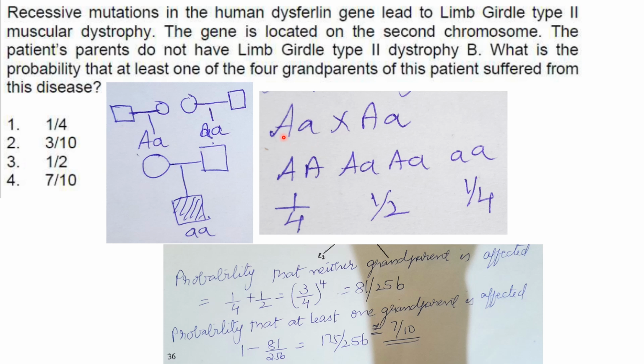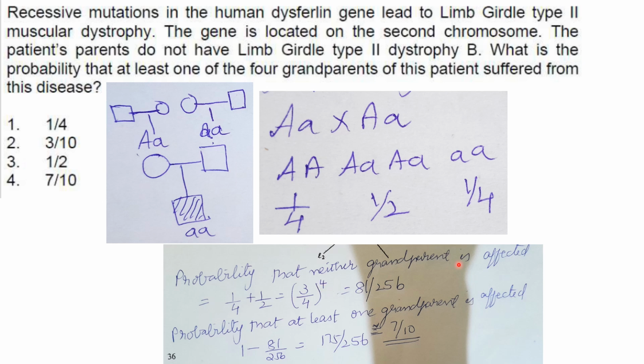Now if they are capital A small a, capital A small a, then the probability of the grandparent being affected is 1 by 4. And probability of them being a carrier is half. And probability of not being affected or a carrier is 1 by 4.